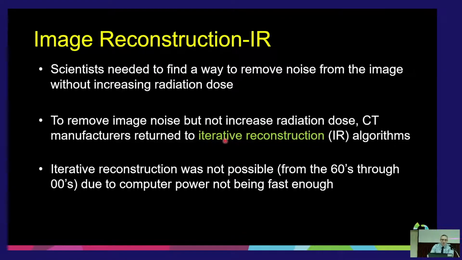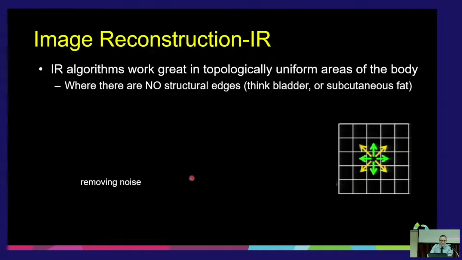We know that iterative reconstruction can do that because, as I'll explain in a second, it doesn't necessarily assume anything. It doesn't back project. What it does is try to clean up the data as it iterates over and over again. And with the faster computers in the late 2000s, we moved forward and introduced iterative reconstruction.